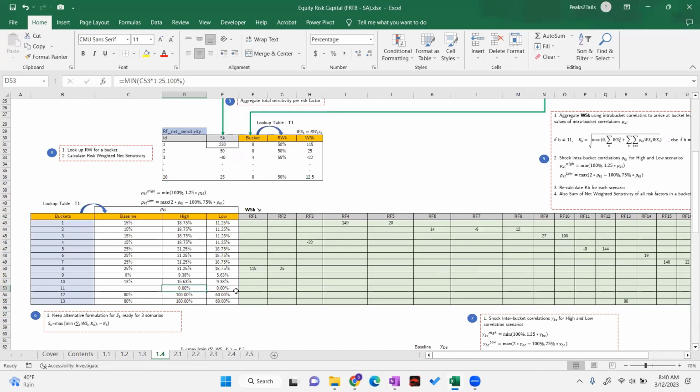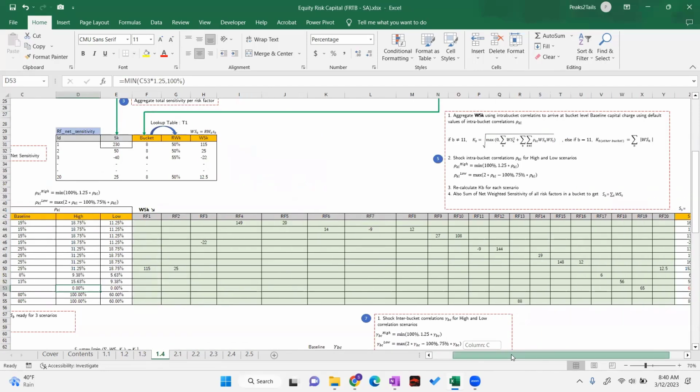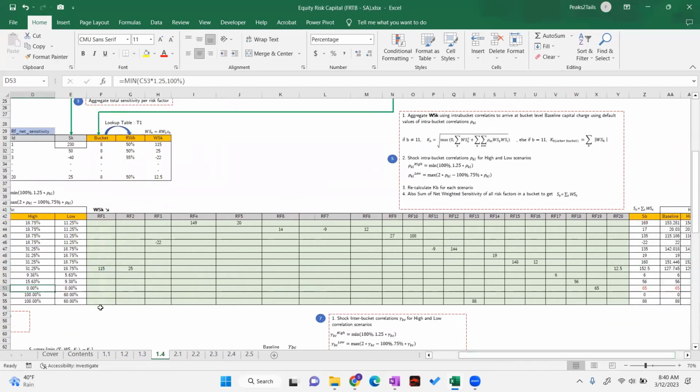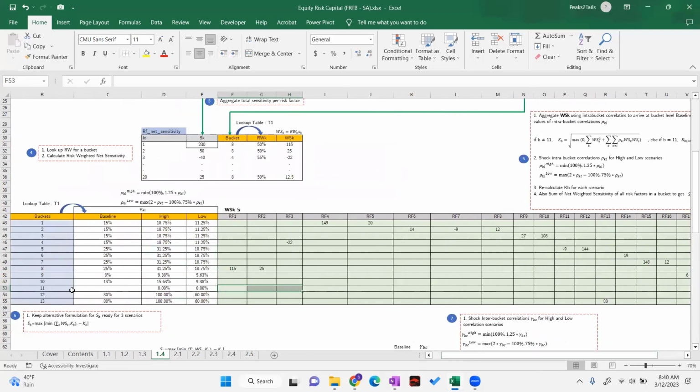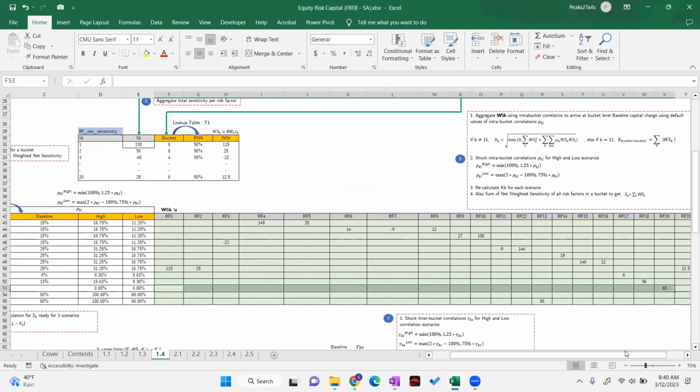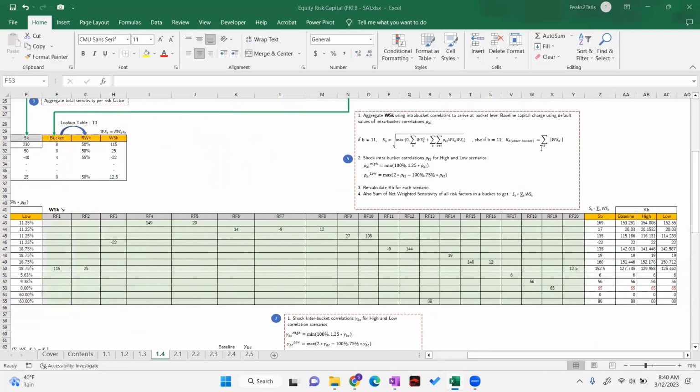So the calculation of KB is really easy. All you need to do is take the absolute sum of this entire row, bucket 11. Absolute value of this plus absolute value of this plus absolute value of this, that will give you the result. Yeah, there is only one entry, 65, but you can calculate.